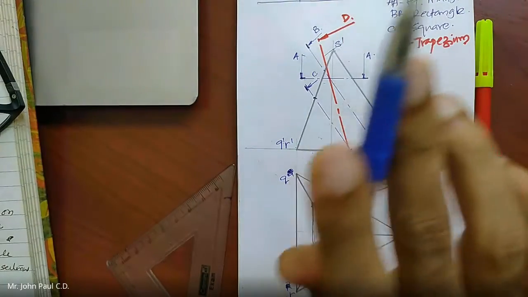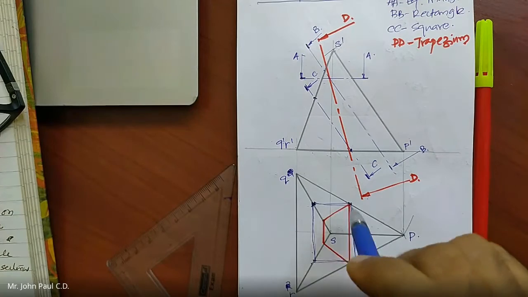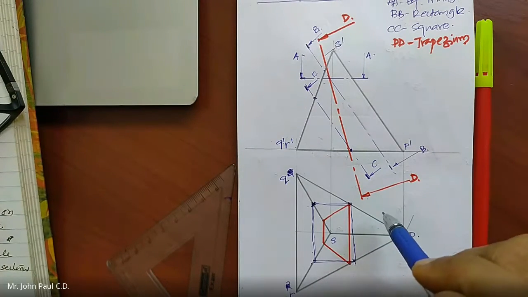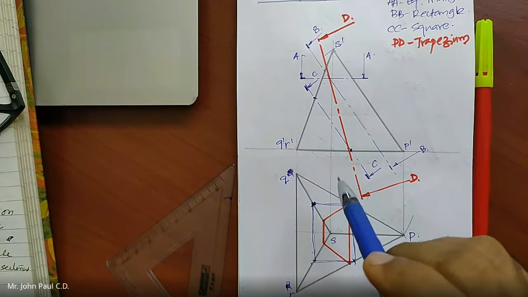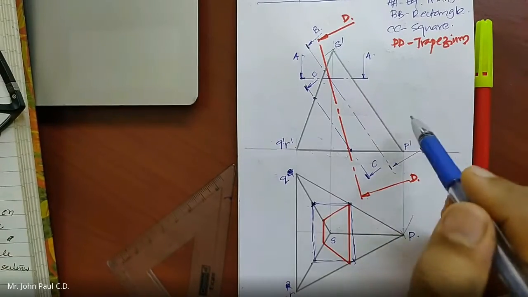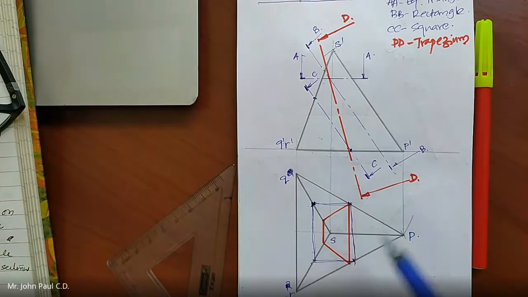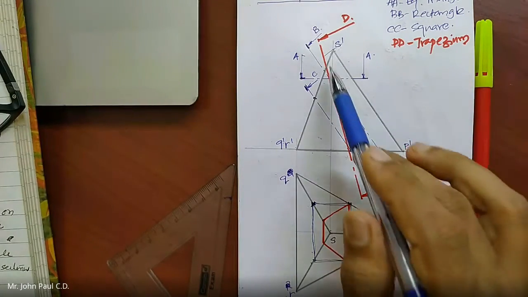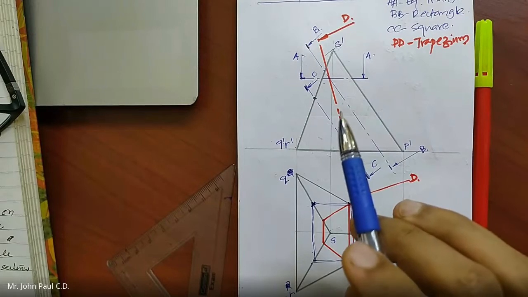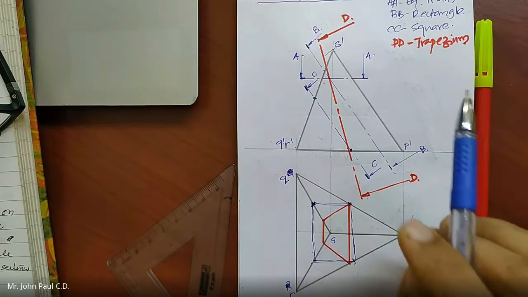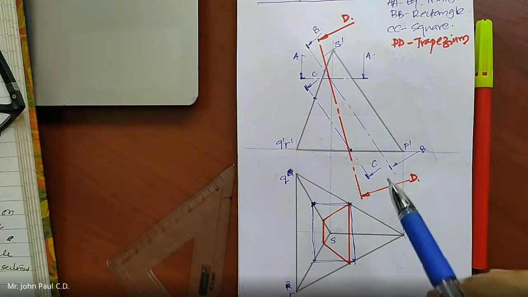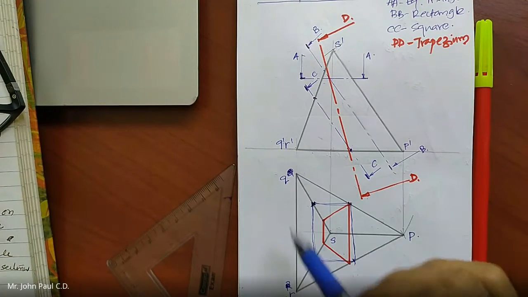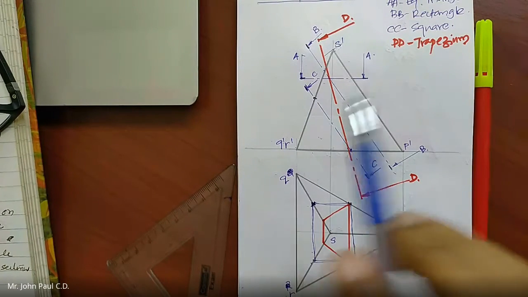It's not the height which is equal to 60 or whatever dimension is given. It is the true length of the edge that is 60. So here the only true length is the one whose top view is parallel to the xy line. You should draw that with the same dimension and then just join the triangle. So don't make that mistake. Please do remember, in a tetrahedron, all the edges have the same length, not the axis.